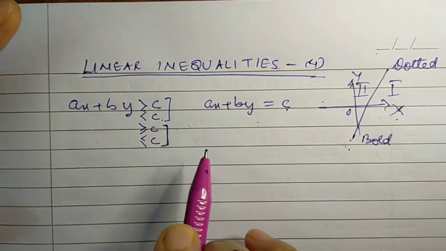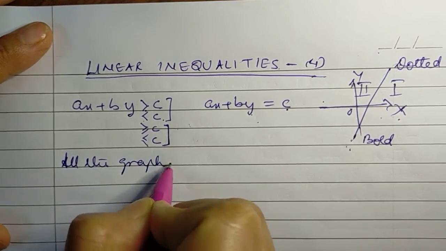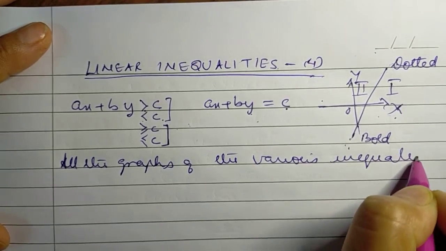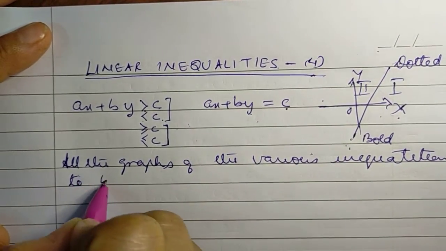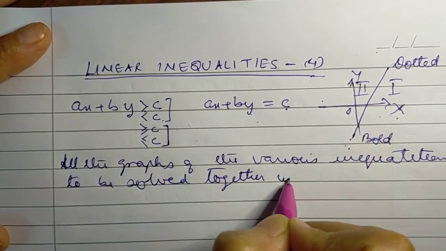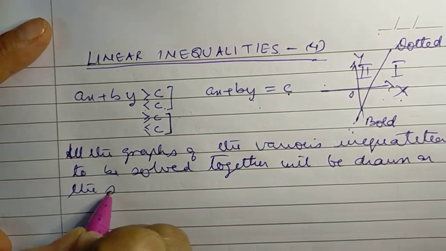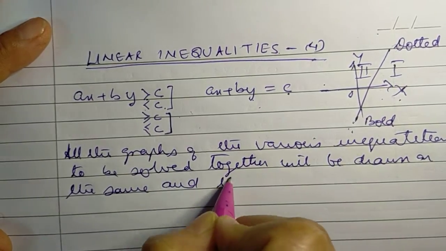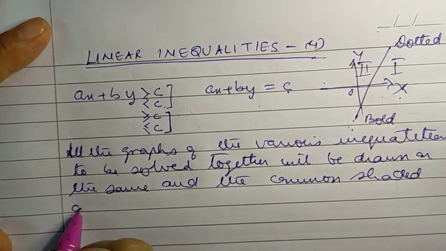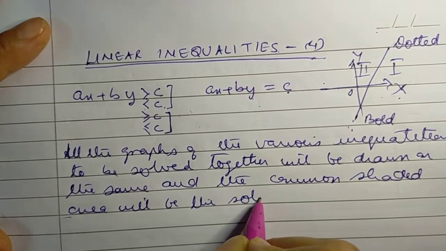The only difference is all the graphs of the various inequations to be solved together will be drawn on the same graph, and the common shaded area will be the solution area. That's it.